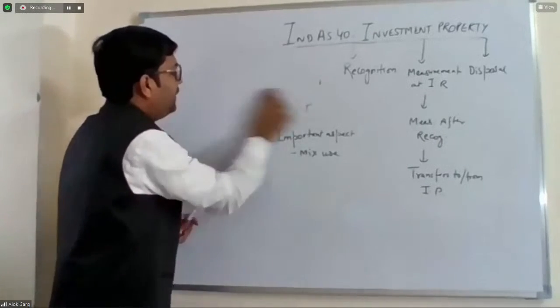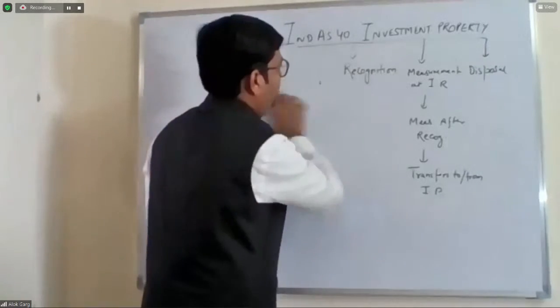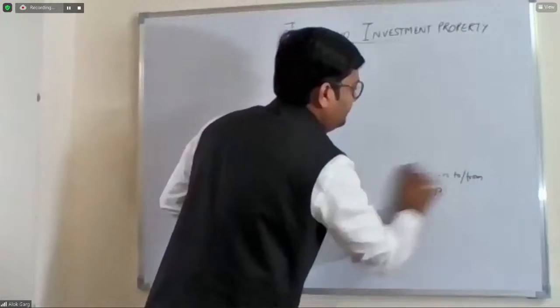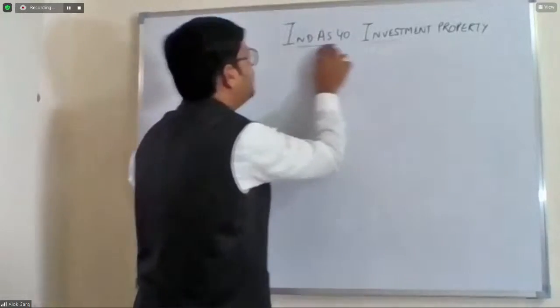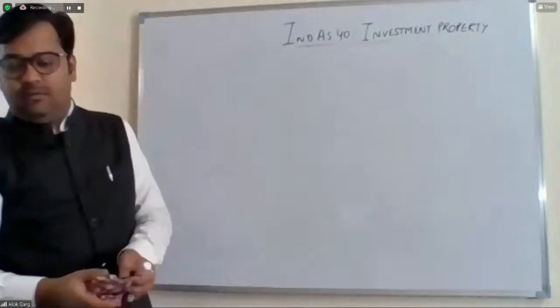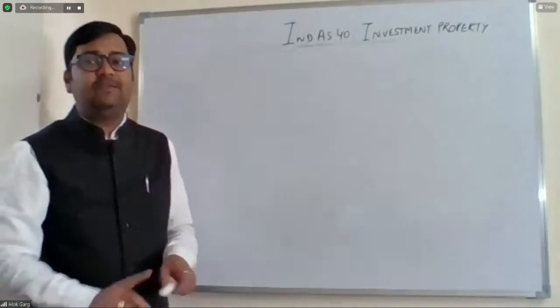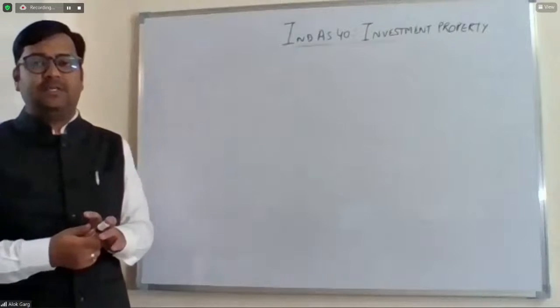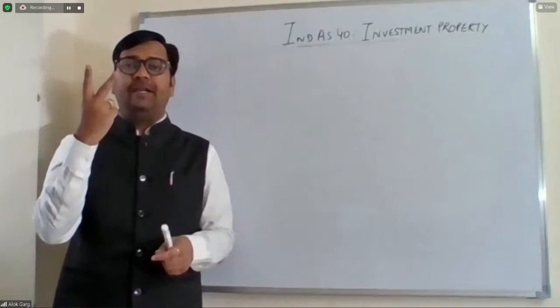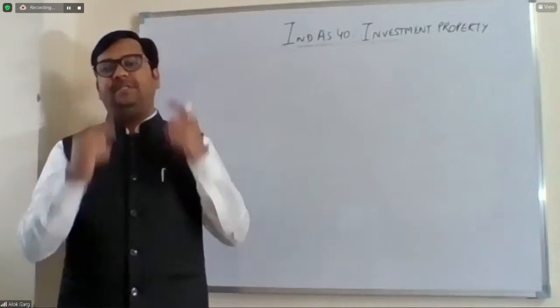Now let's discuss what is meant by investment property. Before jumping into the detail, I want to give you a comfort as far as the definition of investment property is concerned. Just remember, there are two items held for two purposes.